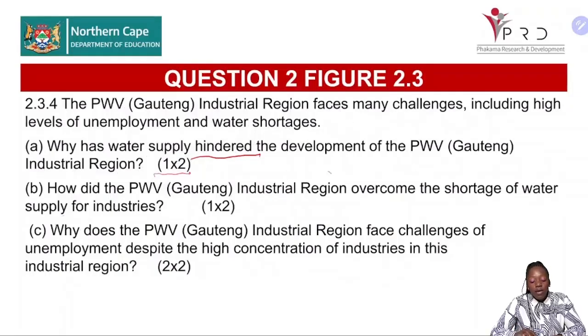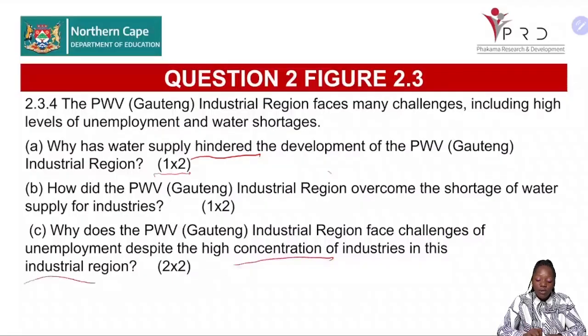And then B, how did the PWV Gauteng industrial region overcome the shortage of water supply for industries? Then number C, why does the PWV Gauteng industrial region face challenges of unemployment despite the high concentration of industries in this industrial region?